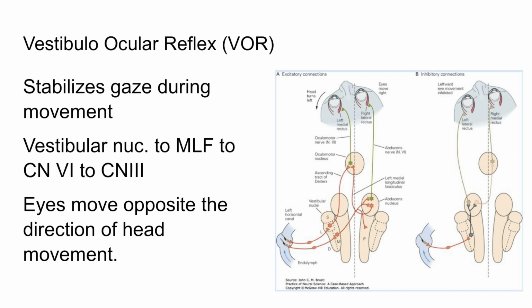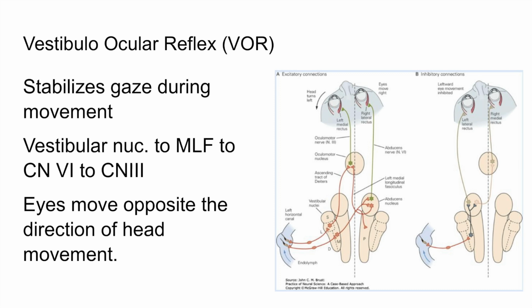Going back to where we're at, the vestibular nuclei will then activate the ipsilateral cranial nerve 6, which moves the lateral rectus, and at the same time send the signal through the MLF to the contralateral cranial nerve 3, which is what we've been talking about. That activates the medial rectus. This is the same wiring you saw in the horizontal gaze, just triggered by head movement instead of you actually thinking about it.